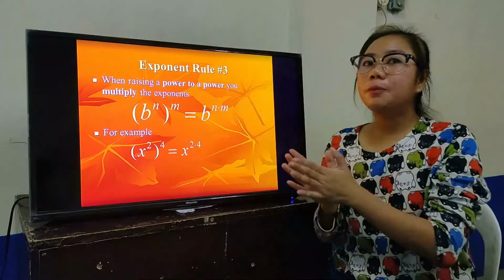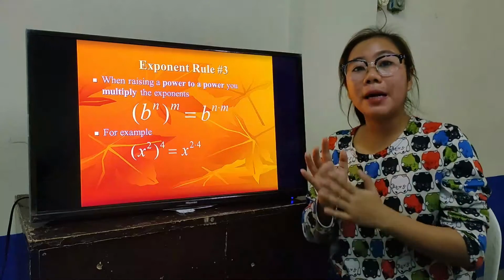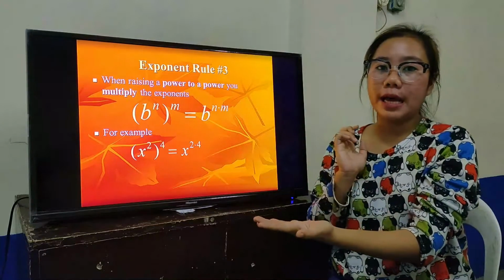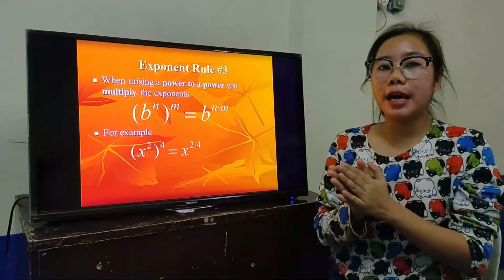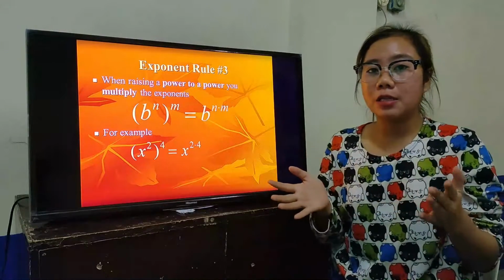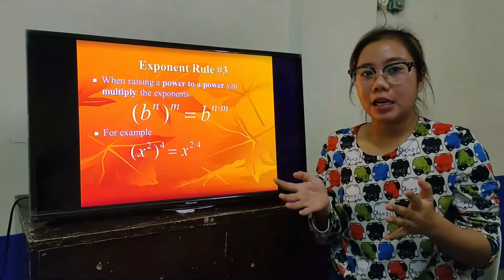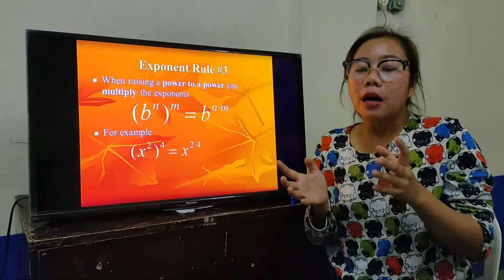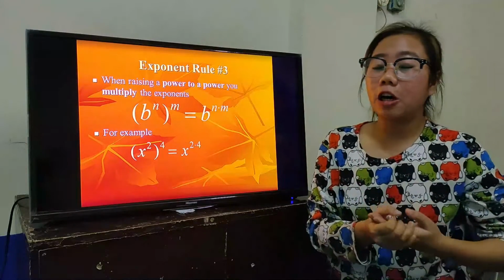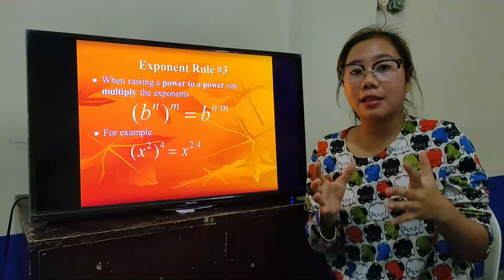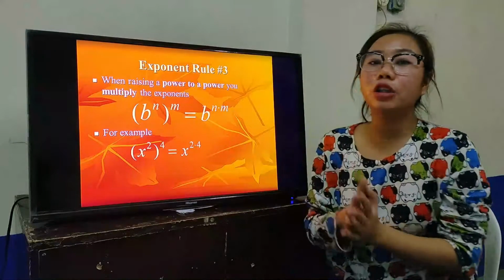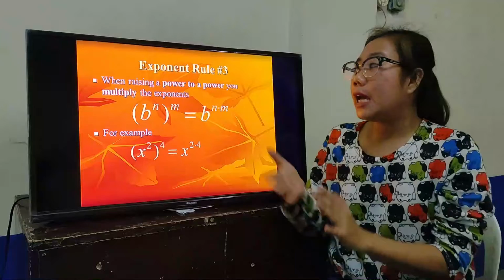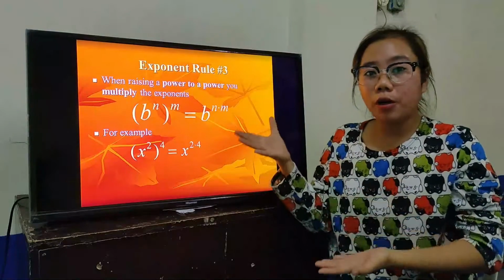Dito po sa rule number 3 natin, may pagkakaiba siya sa rule number 1 natin. Kasi sa rule number 1 natin, hindi siya naka-enclose sa parentheses. Sa rule number 1 po natin, if we have the same base, we are just going to add their exponents. But in our rule number 3, this is a power to a power rule.